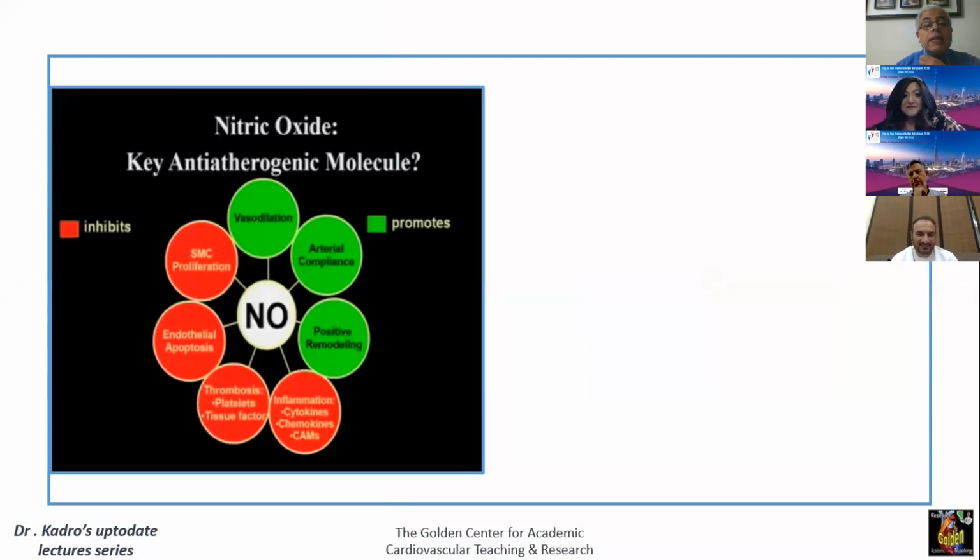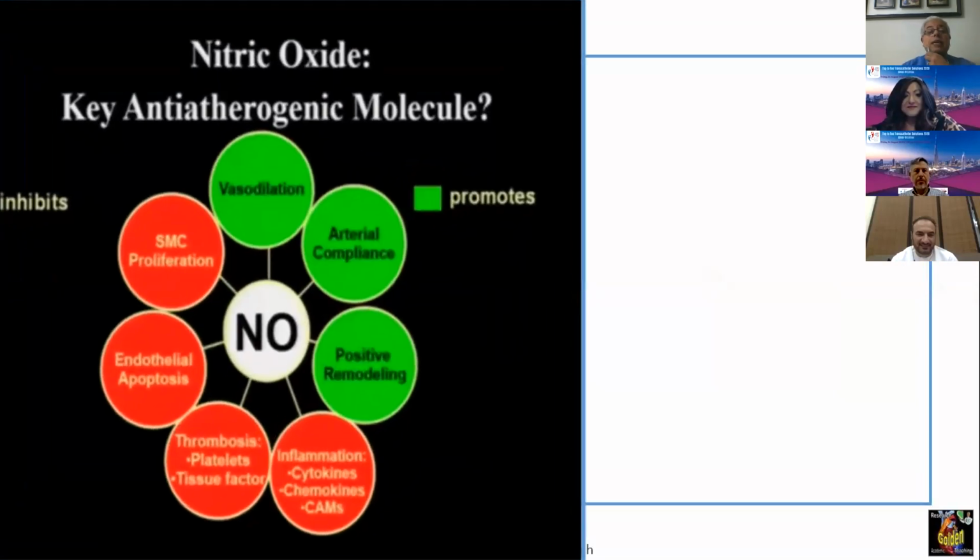And nitric oxide has a lot of important functions. It promotes vasodilation, increases arterial compliance, and causes positive remodeling and dilation of the vessel. It also inhibits a lot of bad things like smooth muscle proliferation, and prevents apoptosis of the endothelial cell, thrombosis, and platelet activation.